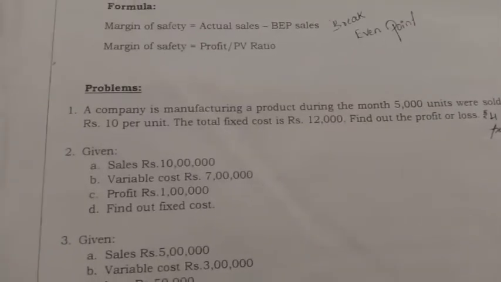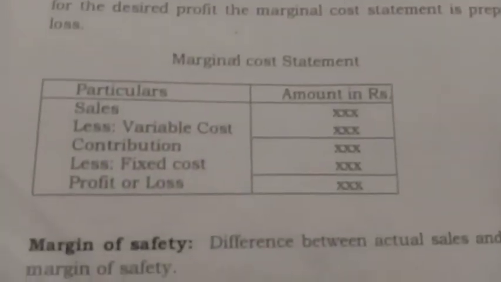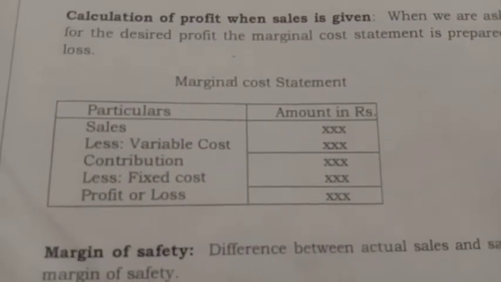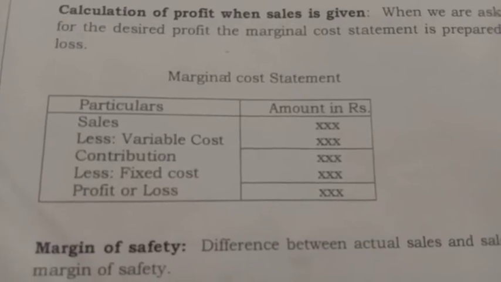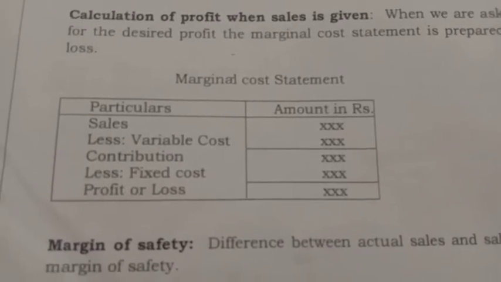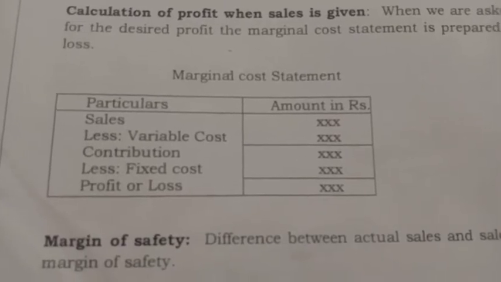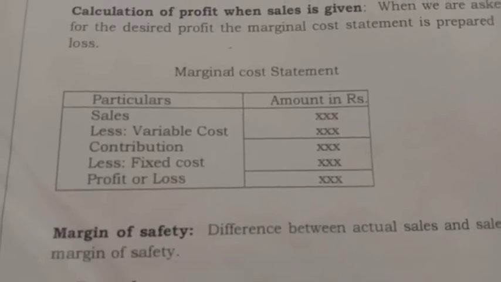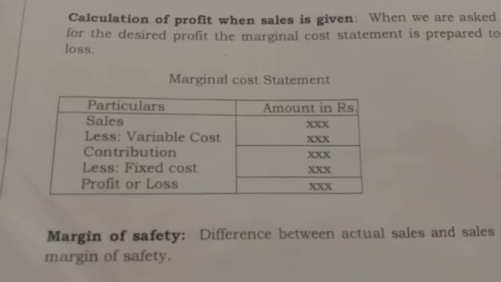So how to prepare marginal cost sheet? Here is the format. Sales minus variable cost, sales less variable cost, you will get contribution. Less fixed cost, you will get profit or loss.